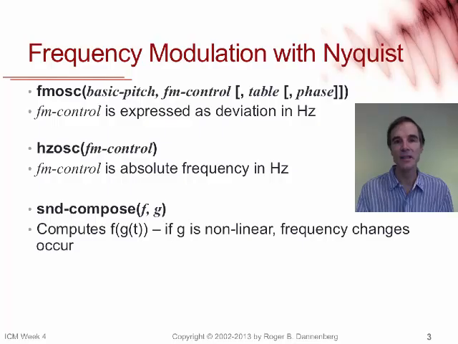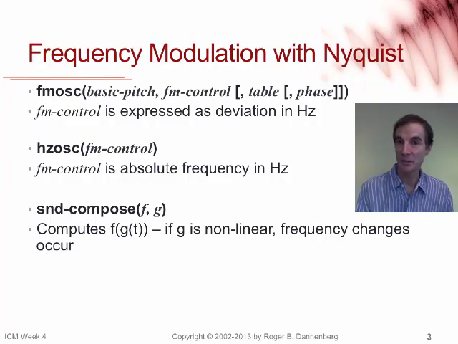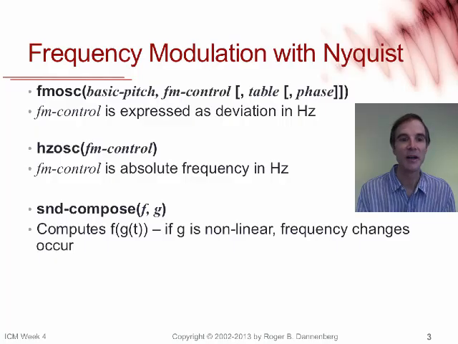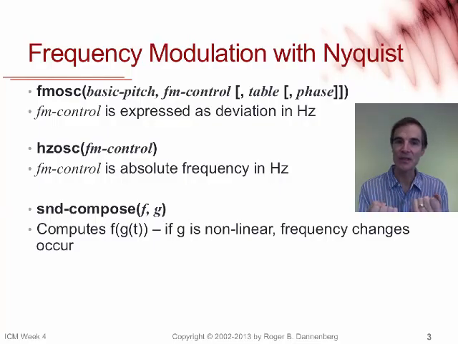And the third method is a little bit obscure, but it sometimes can be very useful, especially for applying frequency modulation effects to sampled audio that you might read from a sound file. And this is the function called SND-compose. Okay, so the compose here is referring to mathematical functional composition. Sound compose treats the two signals, F and G, the two parameters, as functions of time, and it's actually forming the functional composition.